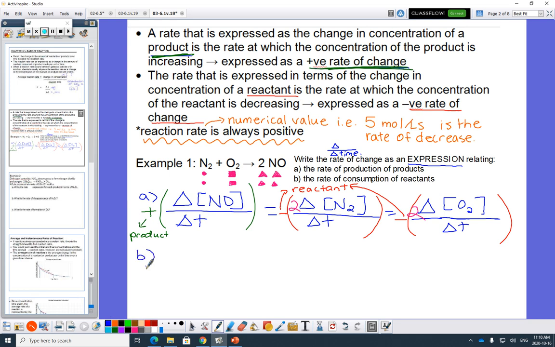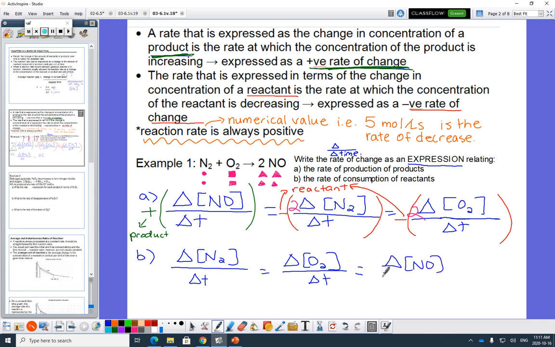Write your skeleton, but this time we're going to start with reactants. Reactants are still consumed.